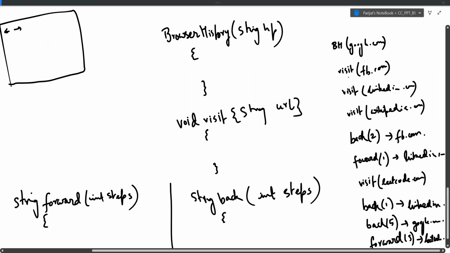Okay. So how do you handle this part, that Wikipedia is now gone from the history? Say you are somewhere in the middle of the list and then you do a visit. From that we have to take 2 pointers for keeping track, and move the tail: from LinkedIn we visited LeetCode, so LeetCode is the new tail.